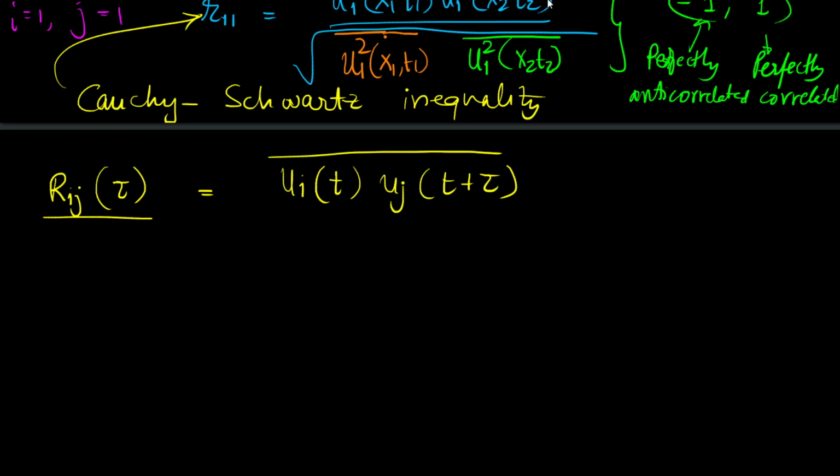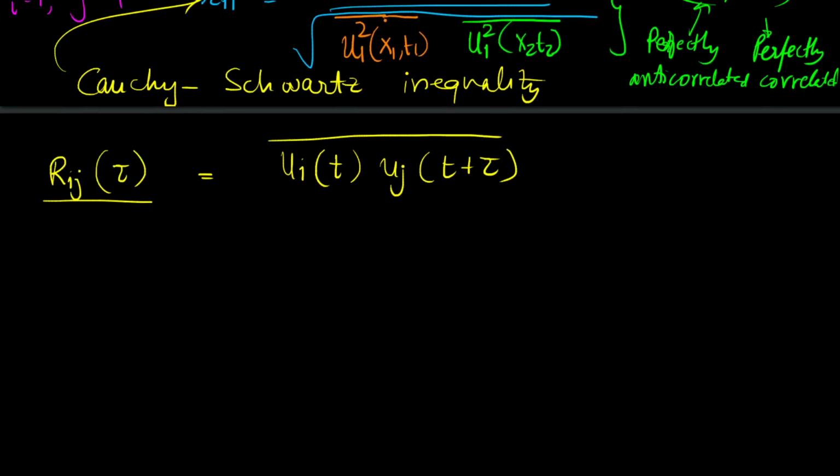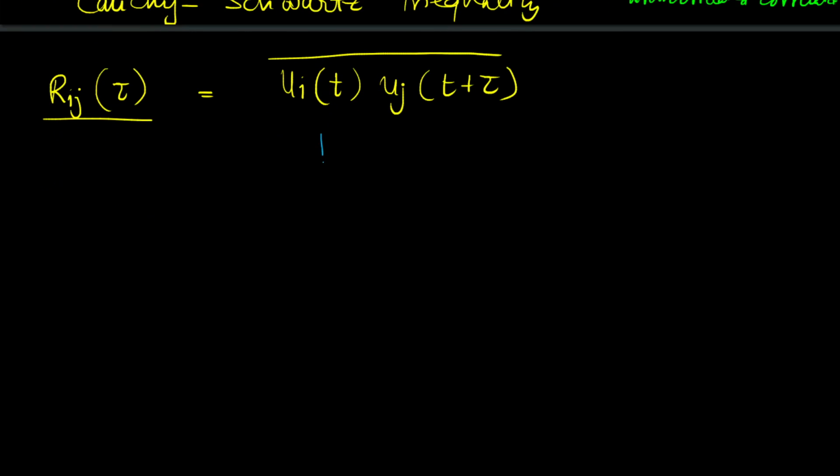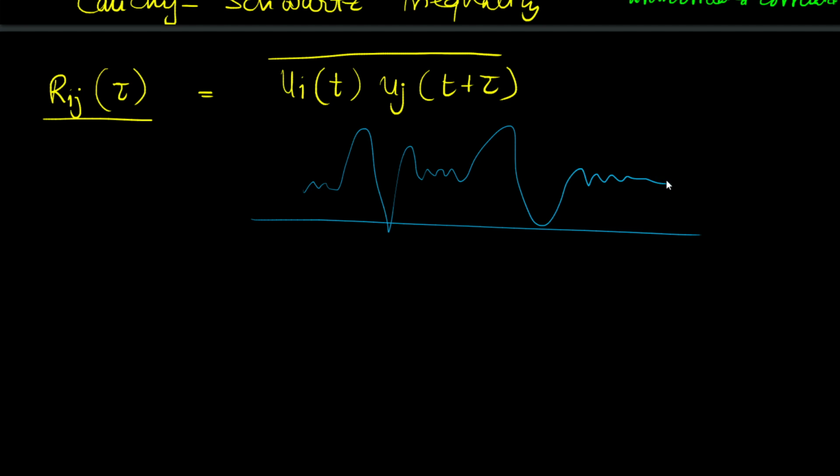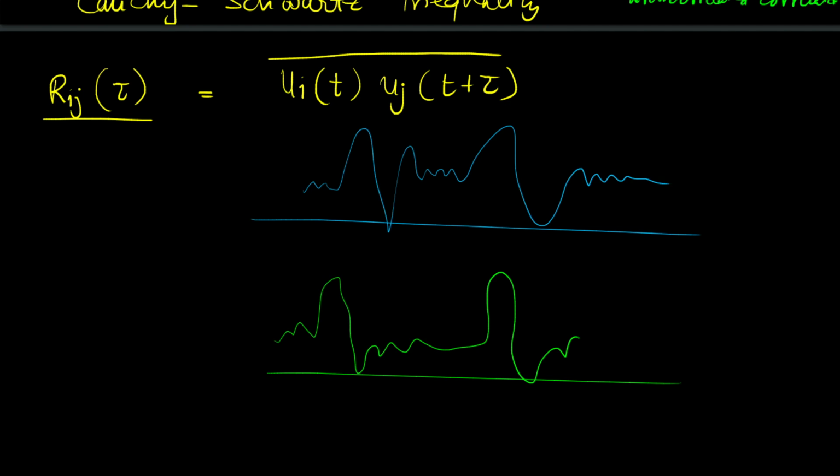So if you have a signal something like this, and if you have another signal which looks something like this, then you have initially the same time offset, so tau equal to 0.